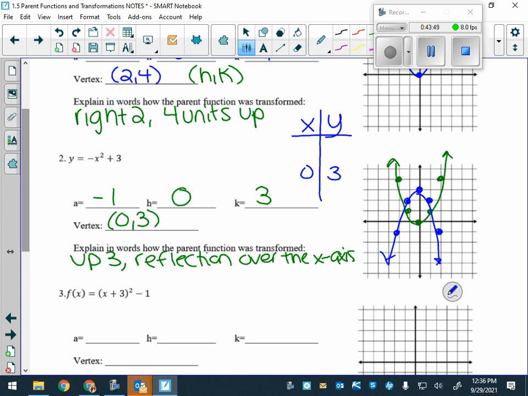You choose 2 x values below and 2 x values above, and it ends up being the same thing. Therefore, you only have to figure out these 2 points in order to find these. Okay? Oh, question. So, is it always going to be reflected in the a value? Always. Yep. Okay? Try number 3 on your own.